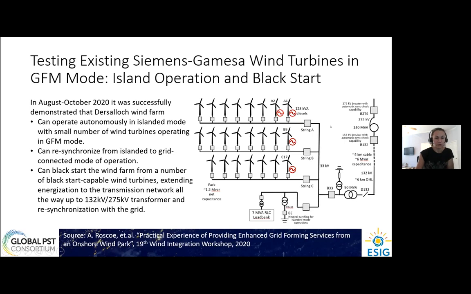Then they stopped the test at that point, because that was all it was meant to test. The test was successful, and they also used soft start to reduce inrush currents into transformers.